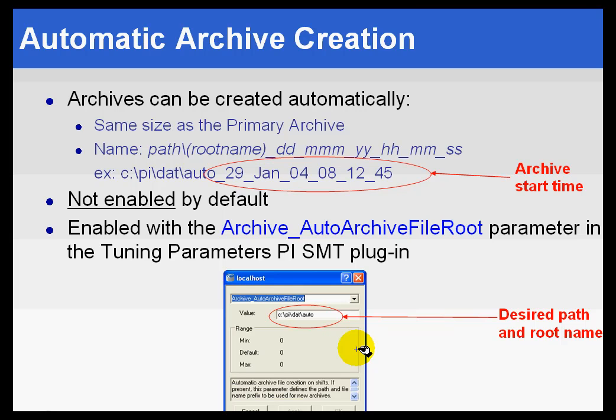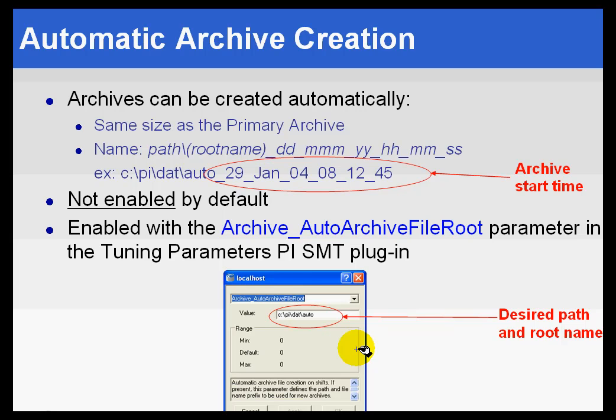Also, one of the advantages of the old method, in which you create a bunch of empty archives all at the same time, is that those empty archives are going to be fairly contiguous on a disk drive, and it ends up being less fragmented. So one of the arguments for doing it the old school way, where you don't create these automatically, is that you might get slightly better performance and speed. But it shouldn't be anything that should prevent you from using auto archive creation.